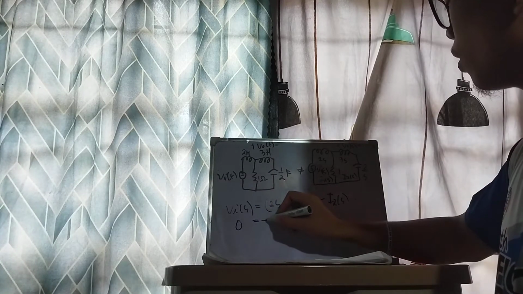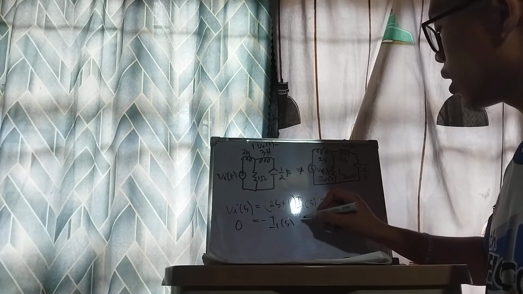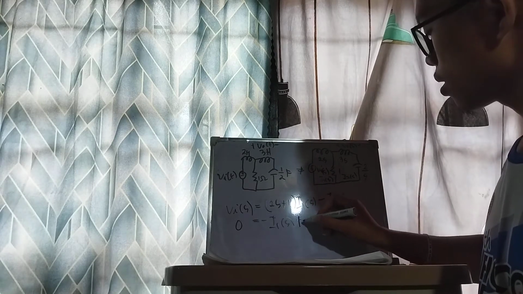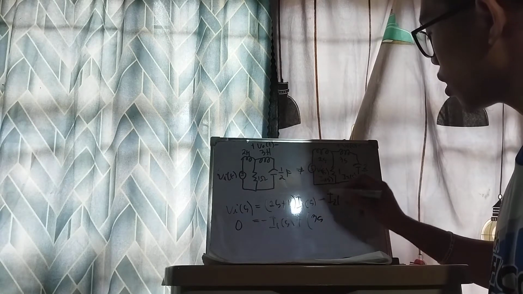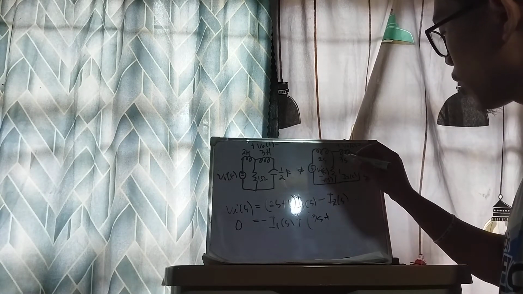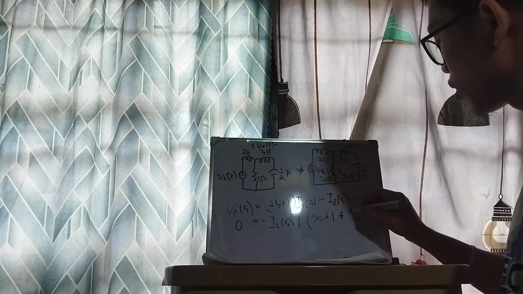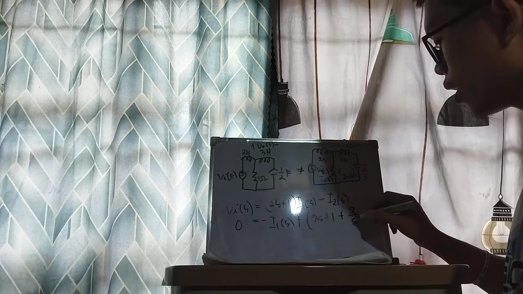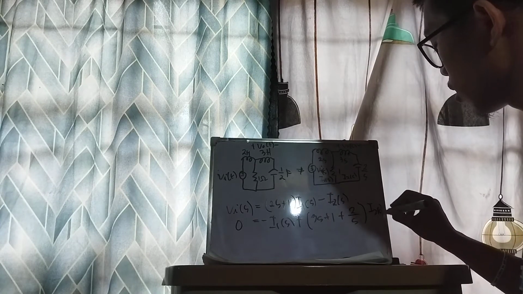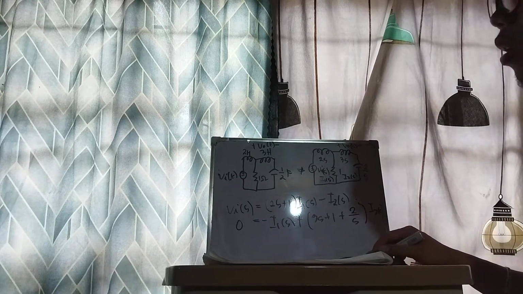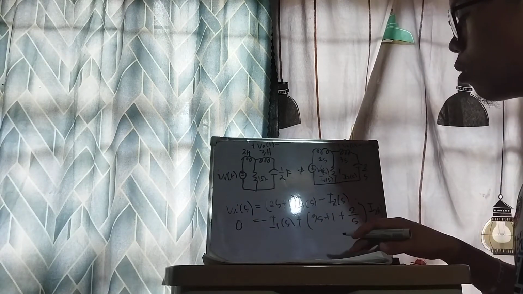From here we have the negative I1 of S, plus 3S plus 1 plus 2 over S, times I2 of S. So we have now solved for mesh 1 and mesh 2.